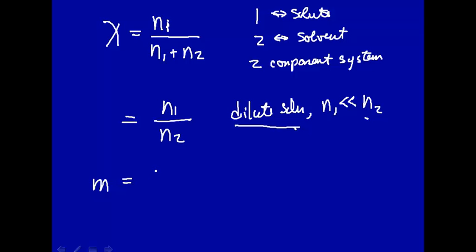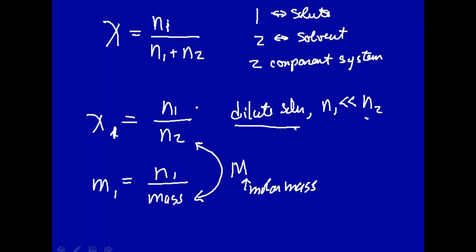Molality is the number of moles of solute divided by mass. The number of moles is the same, so all you need is a conversion from moles to mass, and that is the molar mass.